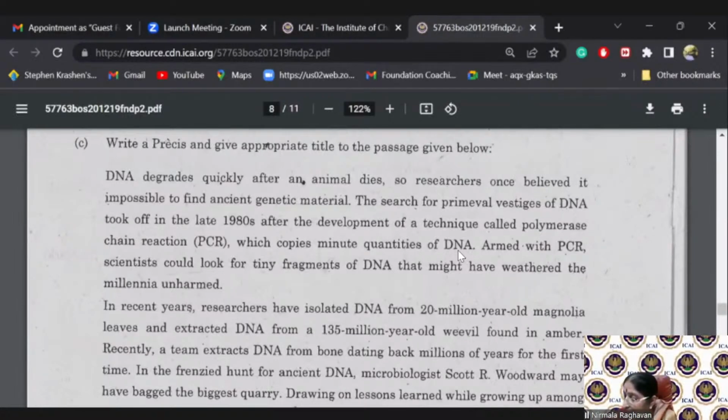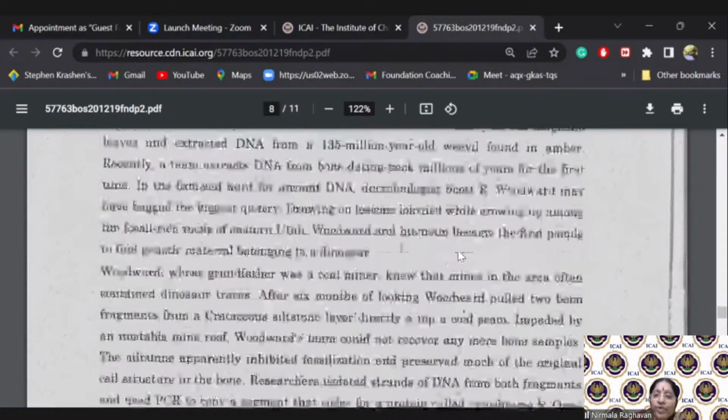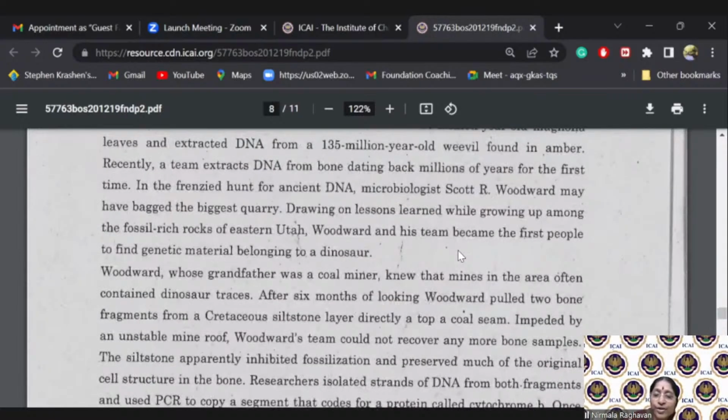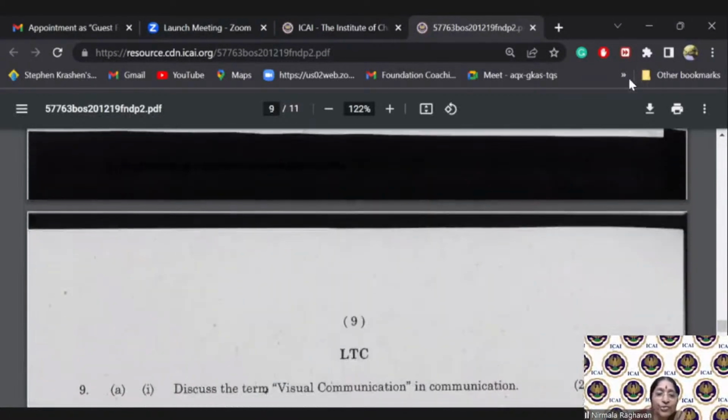Very quickly, I'll run through the lines and you will fix the title. No, first we will count the number of words. 12 in one line. How many lines? 1, 2, 3, up to 26.